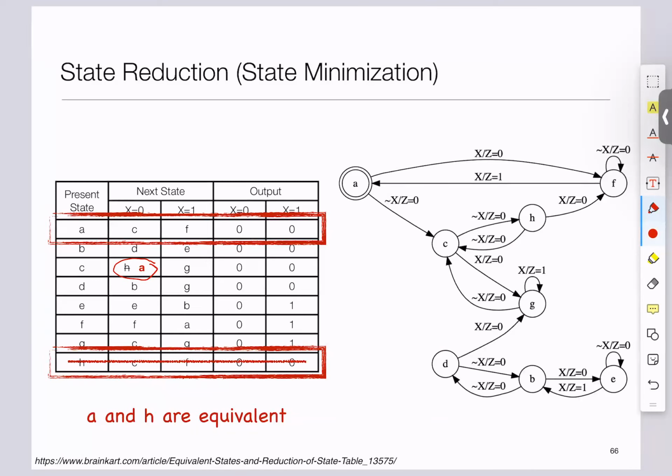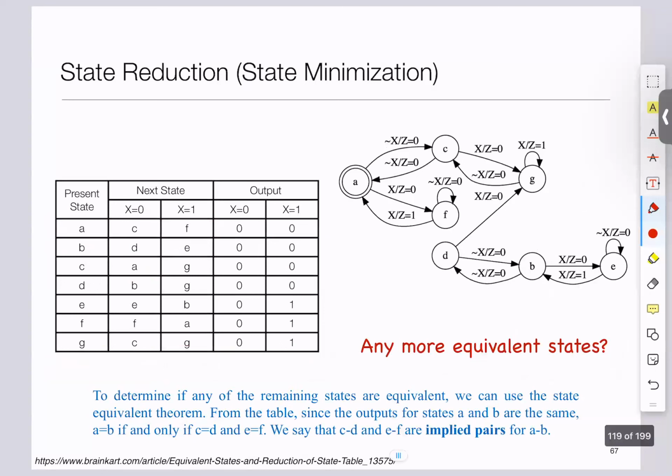Now we are going to play the same game again, which is, are there any more equivalent states? So the trick at this point is, firstly, is there an obvious one out here? Are there two rows which are identical?